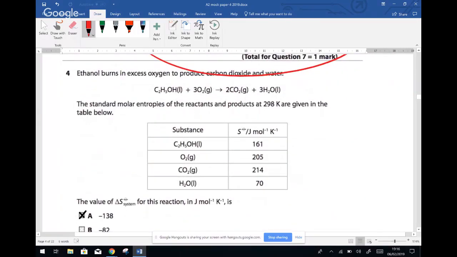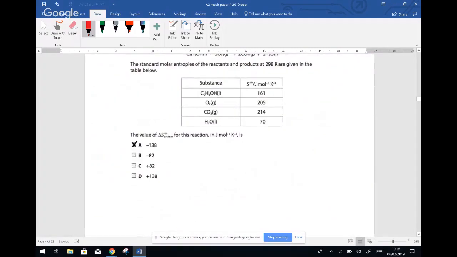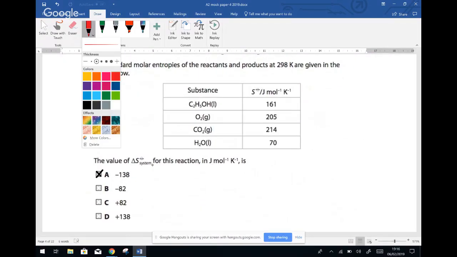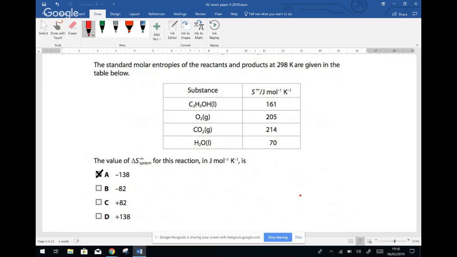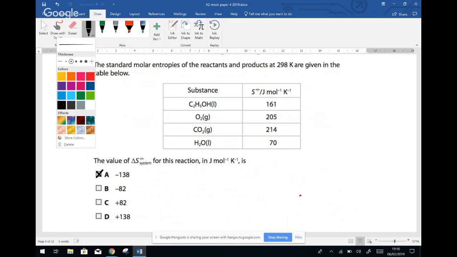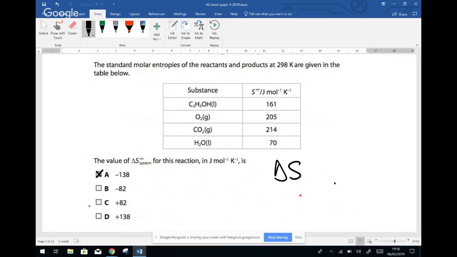Next, standard molar entropies are given below. Calculate the entropy change of the system. Always nice, dead easy. These ones are the easy ones, folks. These are your 3 marks. Make sure you know them. So delta S system is delta S products minus delta S reactants.